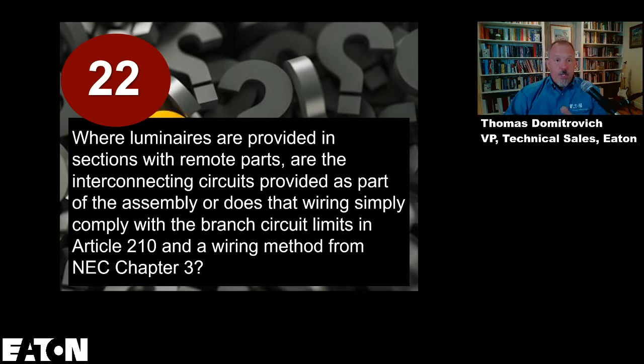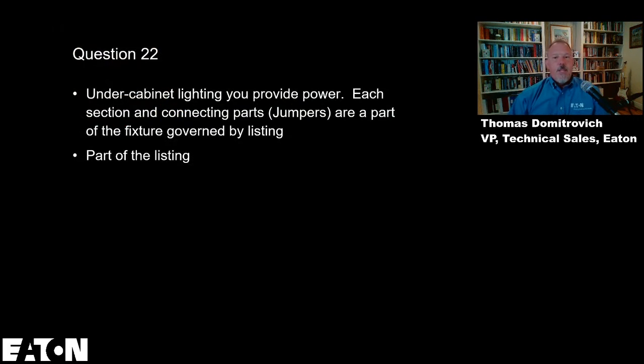So I guess this question is looking at, are those connecting wires and circuits a part of the listing, or do you have to follow 210 for branch circuits and then do the ampacity and whatnot based on Chapter 3? So under cabinet lighting is a good example. Each section and the connected parts are a part of the fixture governed by the listing.